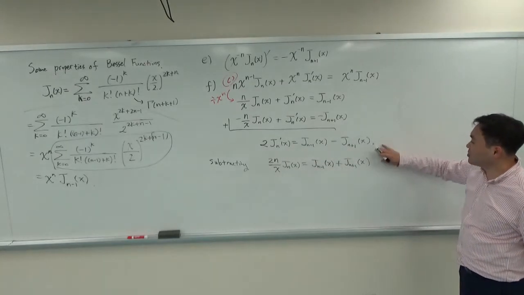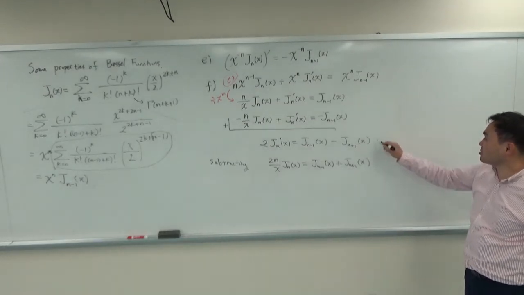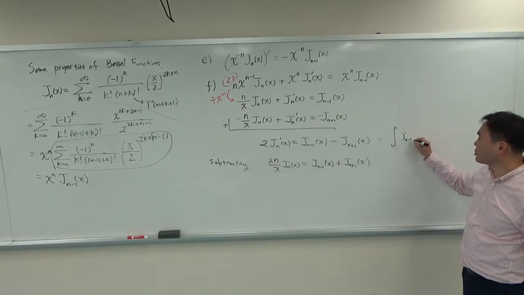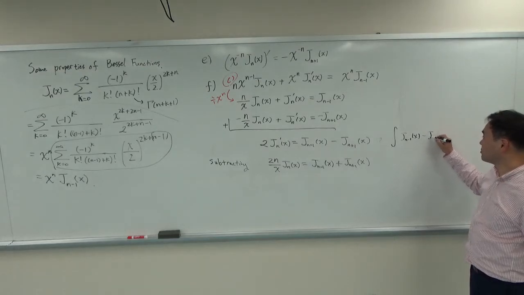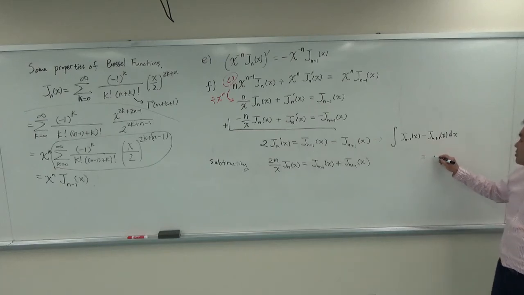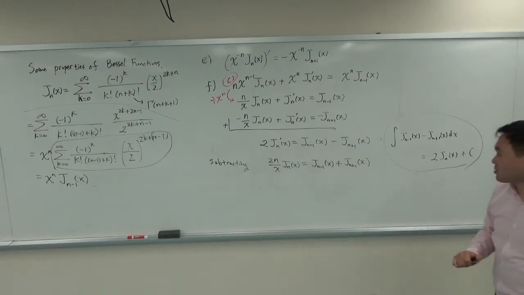So actually I think this is more interesting than this one, because this would immediately imply that the integral of J_{n-1}(x) minus J_{n+1}(x) dx gives you 2 J_n(x) plus c. Differentiate sine, you get cosine; integrate cosine, you get sine, right? So that's what you get.